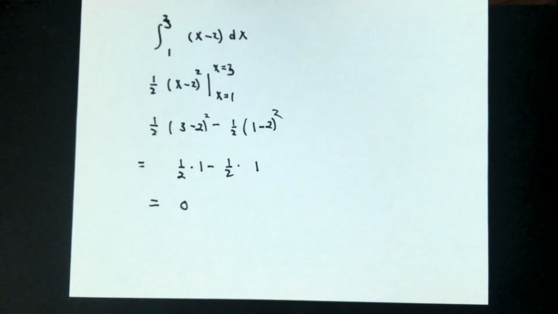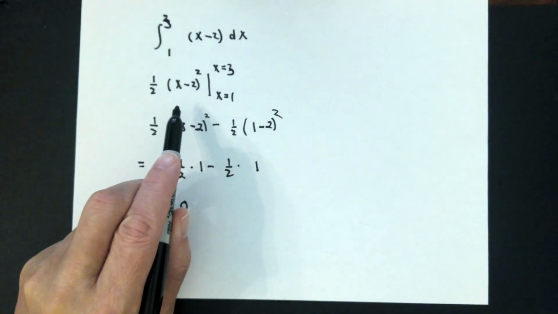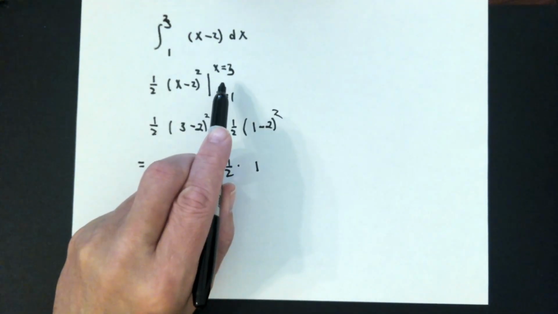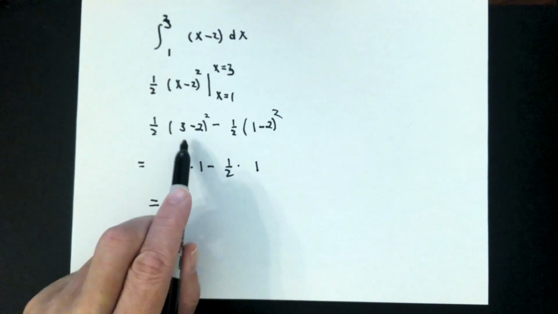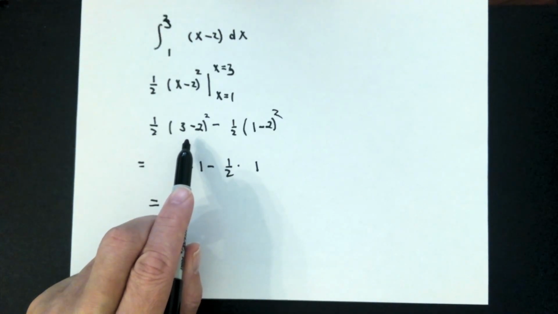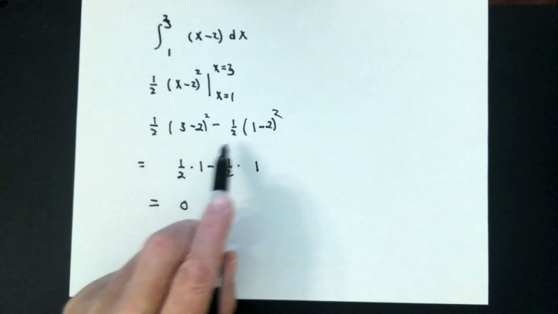For instance, the integral from 1 to 3 of x minus 2 with respect to x is easy to calculate using the antiderivative method. An antiderivative is 1/2 times x minus 2 squared, and when I put x equals 3 and x equals 1 into this, here I'll have 1 squared, which is 1.